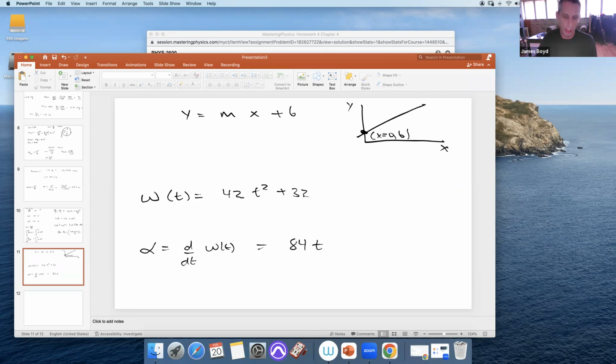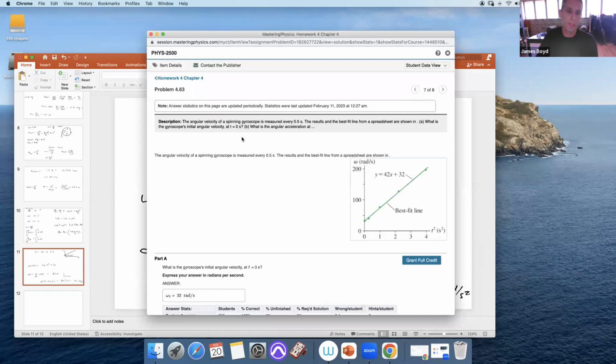There's no derivative of the constant. If I take that time derivative when t is 0.5, alpha at half a second is 84 times 0.5, or half of 84, which is 42. And since this was rad per second, it's rad per second squared. Those are your units.